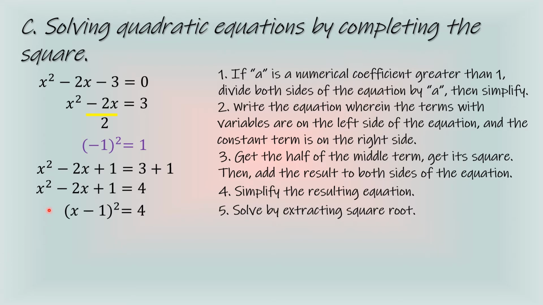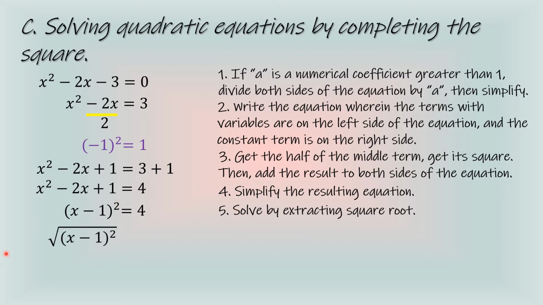Okay, ang simplified equation nito o yung factors ay x minus 1, quantity squared. Again, x minus 1 quantity squared is the factors of x squared minus 2x plus 1. Next, proceed na tayo sa pag-extract ng square root.